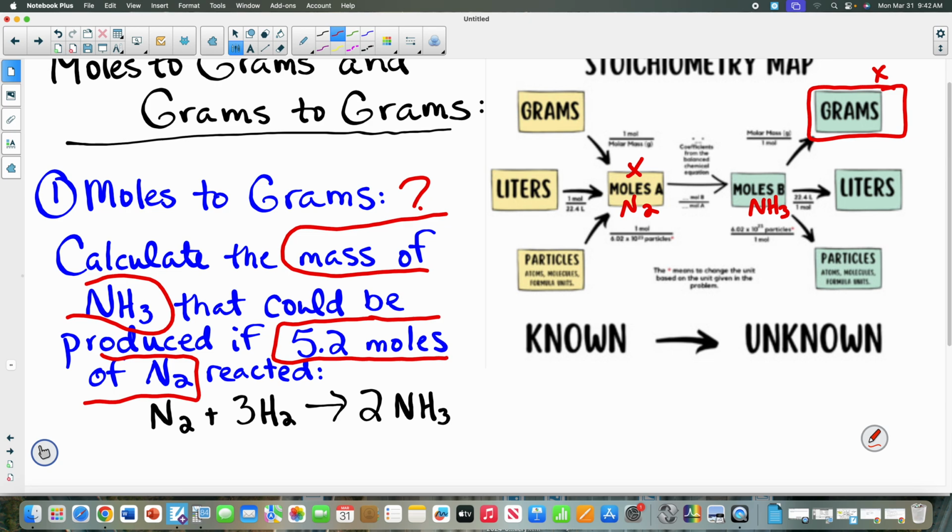Okay, so we need to analyze what steps we need to take to get there. To remember, anytime I need to convert from moles of one substance to moles of another substance, I need my mole ratio, right? So step 1 is the mole ratio. Step 2, how do I go from moles to grams?